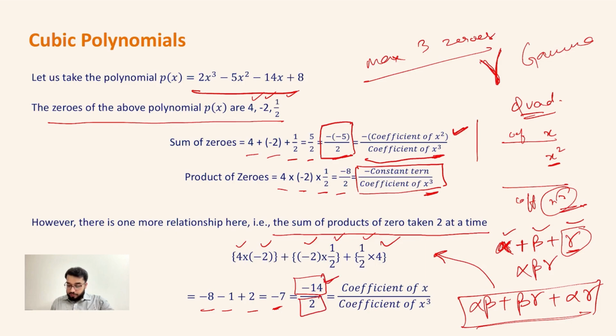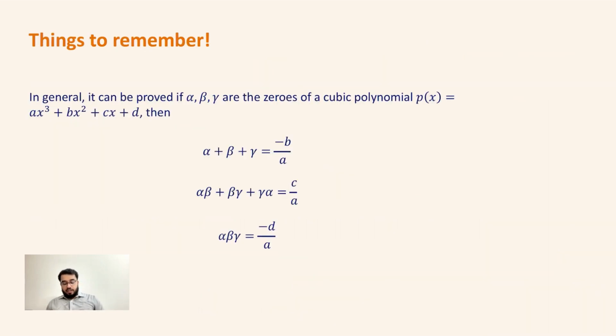Now what is minus 14? If you look in the polynomial, minus 14 is nothing but the coefficient of x, upon the coefficient of x cubed. So if the degree is 3, then in the denominator the coefficient of x cubed would come.